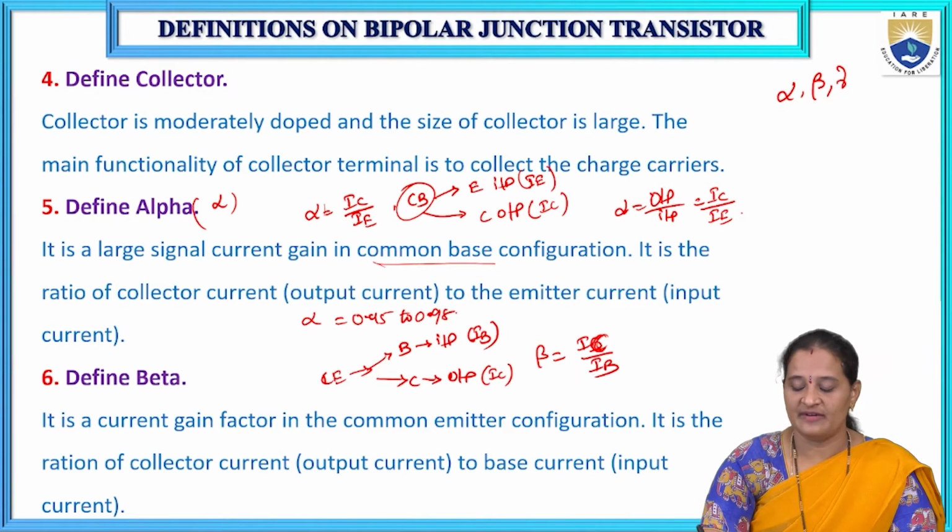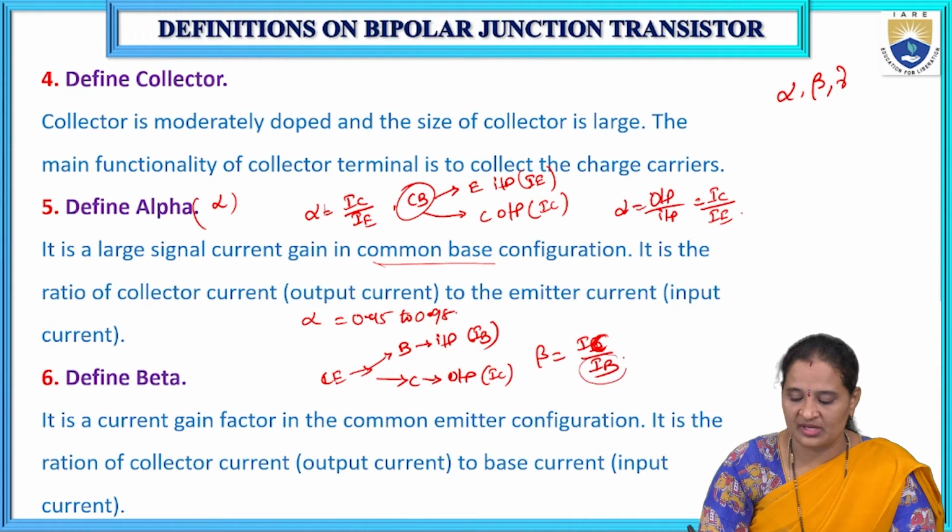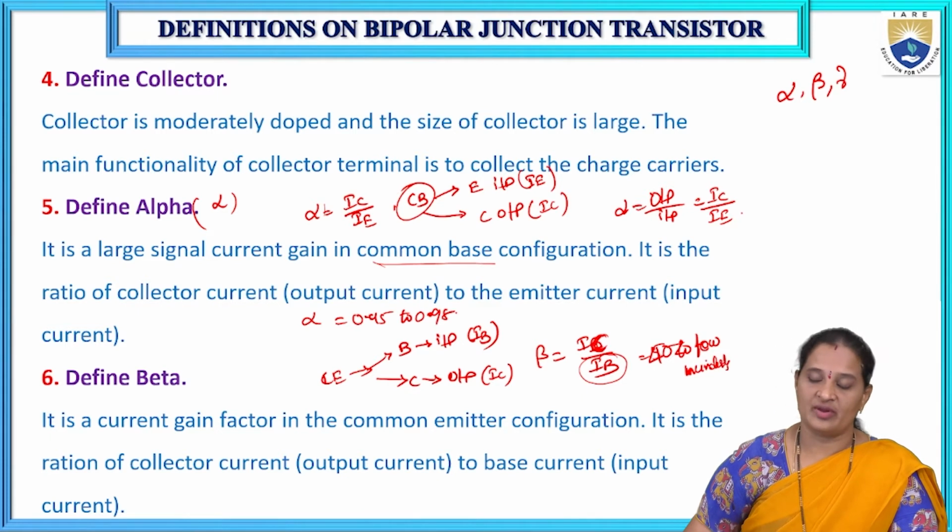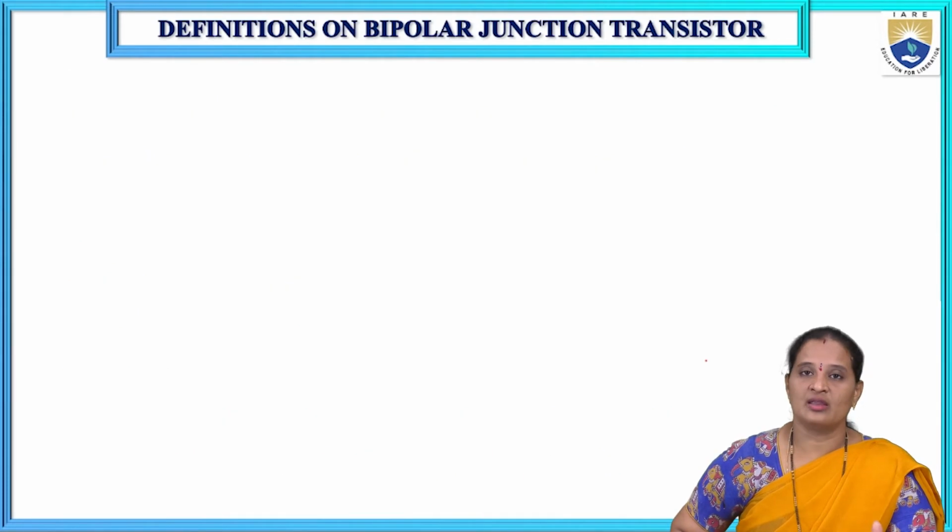That is the ratio of output current to input current. So beta is equal to IC by IB, and its value varies from 40 to a few hundreds. So this is beta.